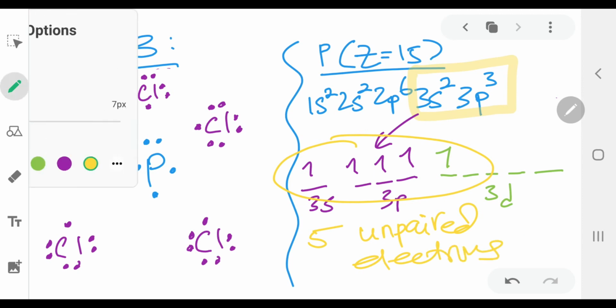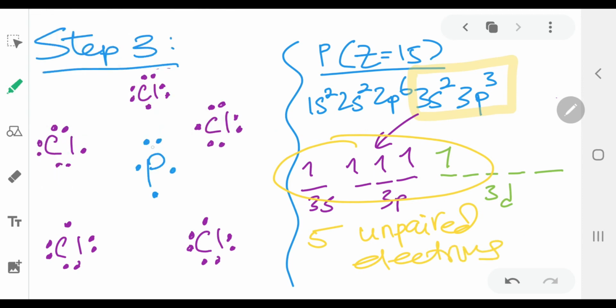So instead of having a lone pair over here, you can get that lone pair to turn into another 2 unpaired electrons to make 5 unpaired electrons, so that you can form 5 bonding pairs.